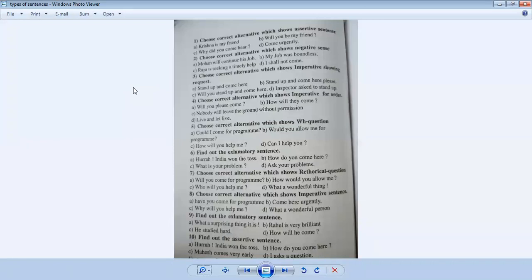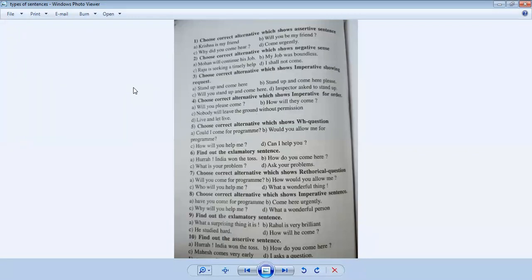Read the options and tell me which is the correct answer. Yes, option B is correct. Please is used. That is correct.